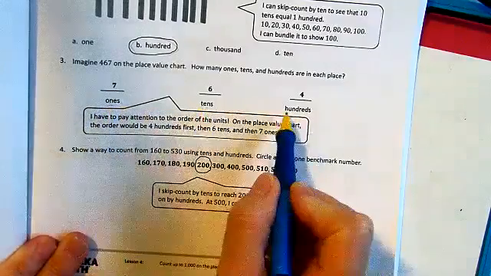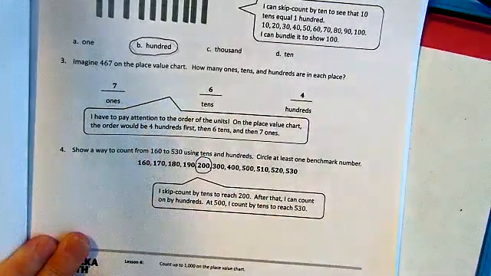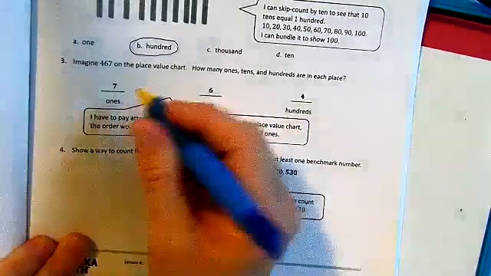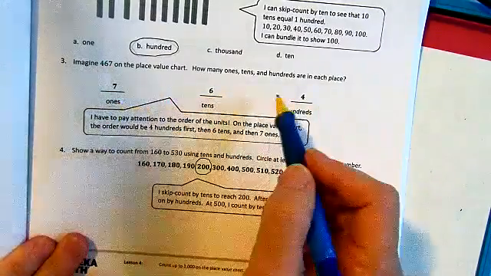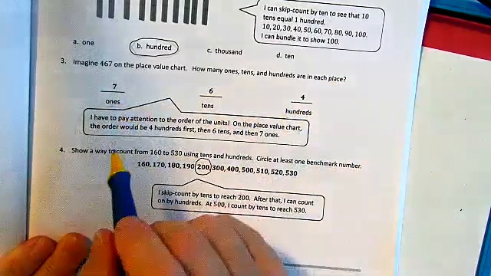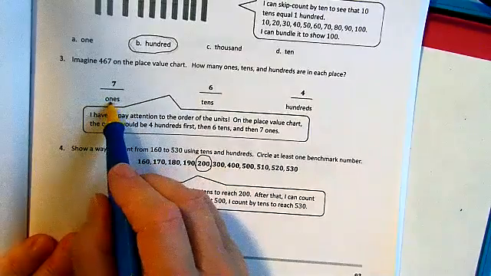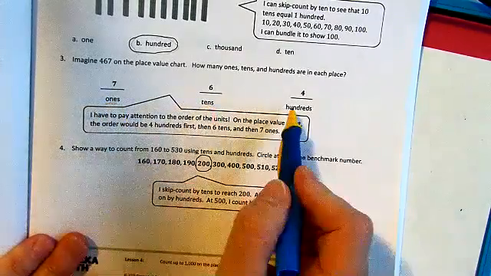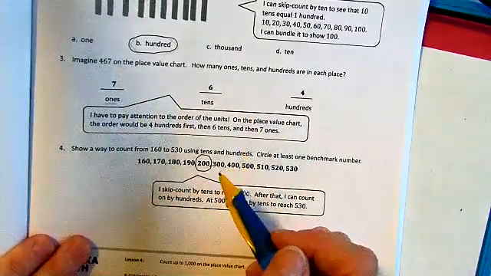Ones, tens, and hundreds. We need to make sure we're really looking carefully, because if we wrote 467, we would actually be saying that it was 764, which is a very different number. Okay, so they've told you ones, tens, and hundreds. We need to make sure we're writing it correctly.